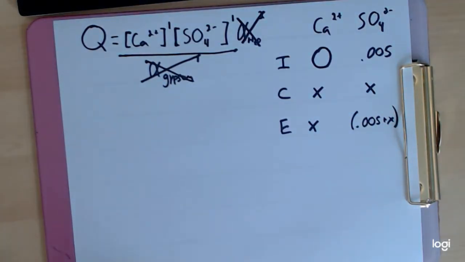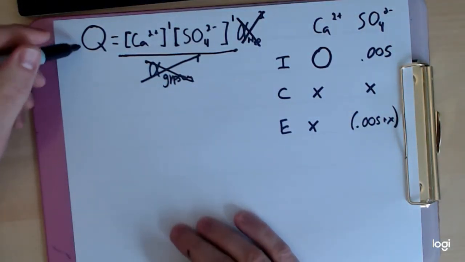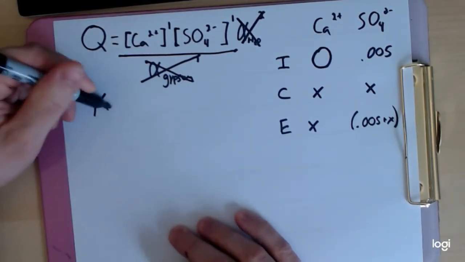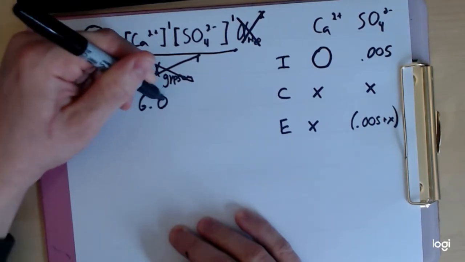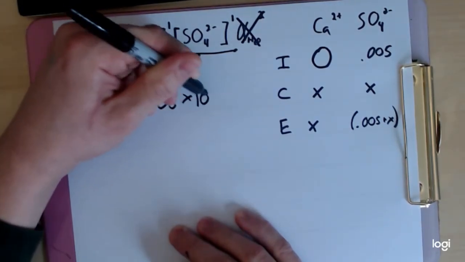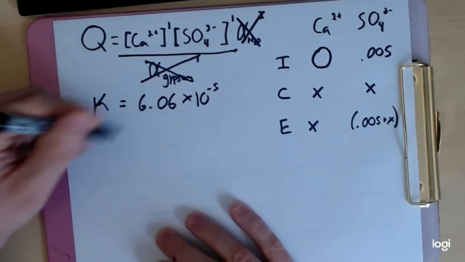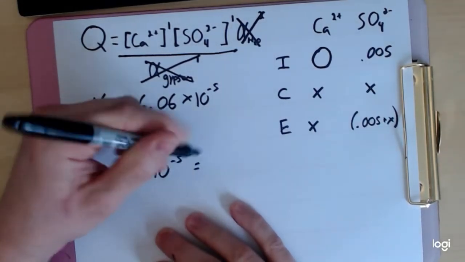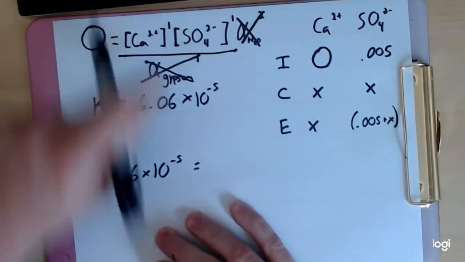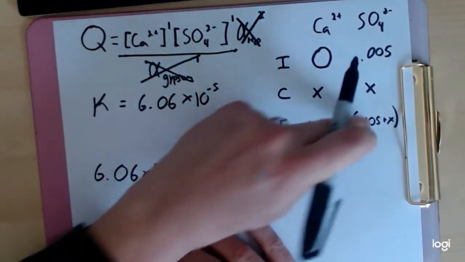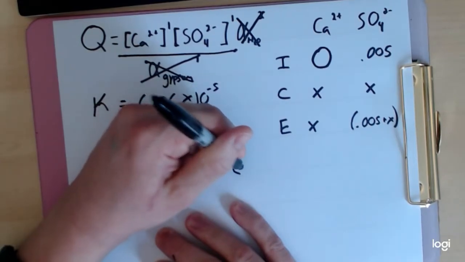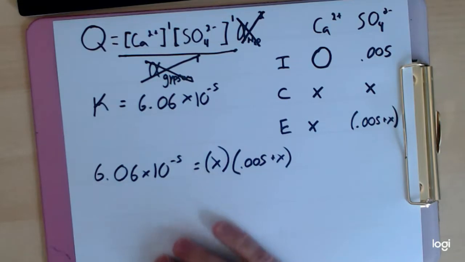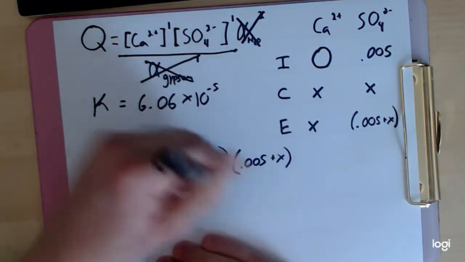Okay, now we can just set our reaction quotient equal to K. K again for this reaction was 6.06 times 10 to the negative 5. So 6.06 times 10 to the negative 5 equals, put the expression for calcium in, X, put the expression for sulfate in, 0.005 plus X. And now you can just solve this.